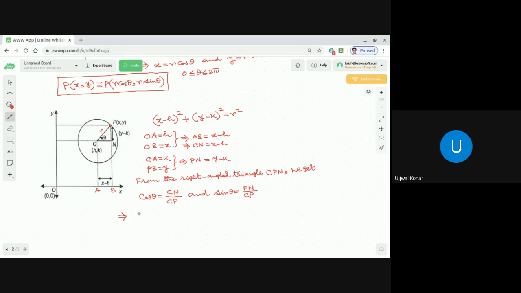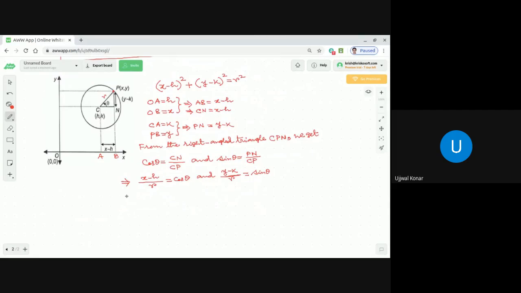What is CN? CN is nothing but x minus h, divided by CP, where CP is equal to r, that is equal to cos theta. And PN is y minus k divided by CP, that is r, that is equal to sin theta.